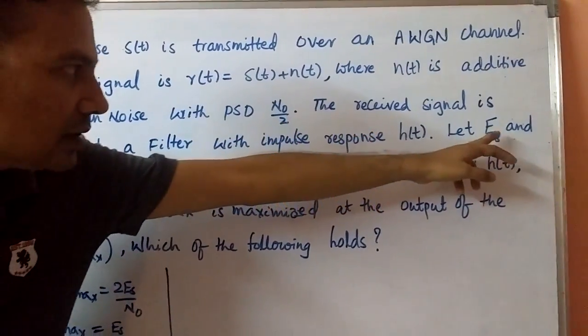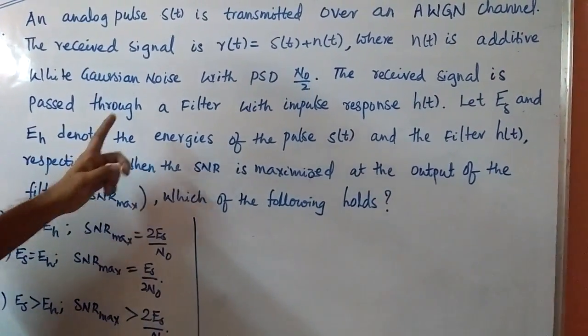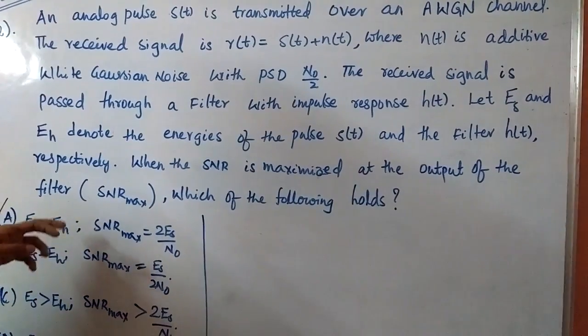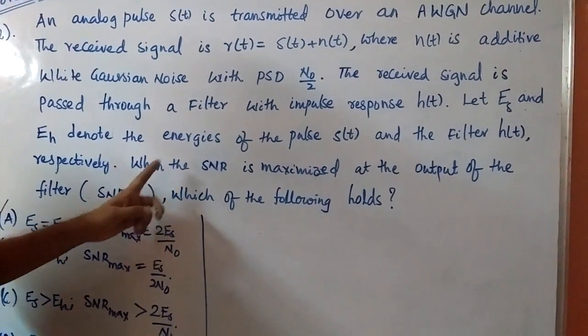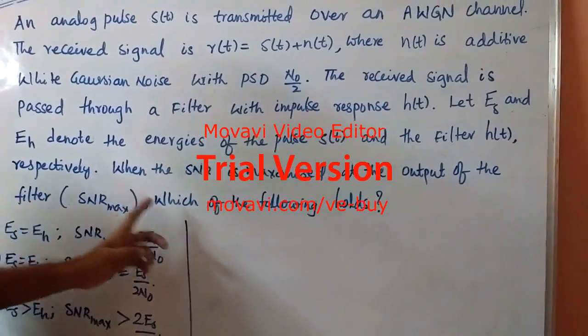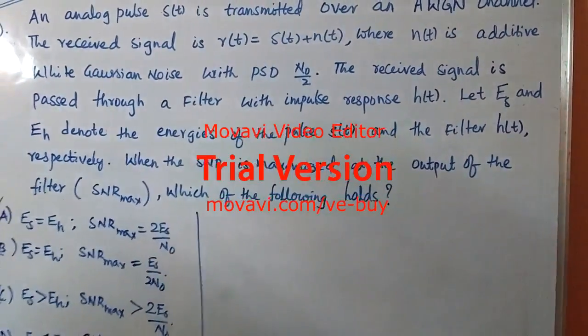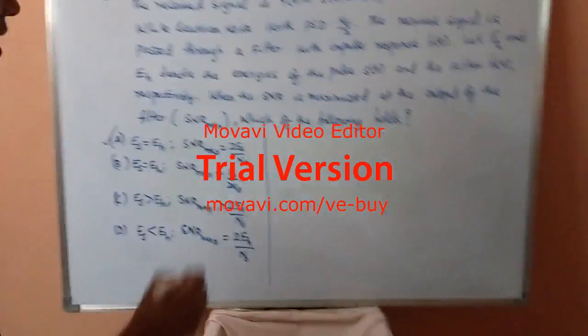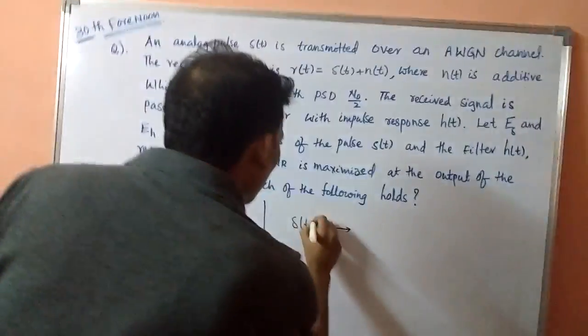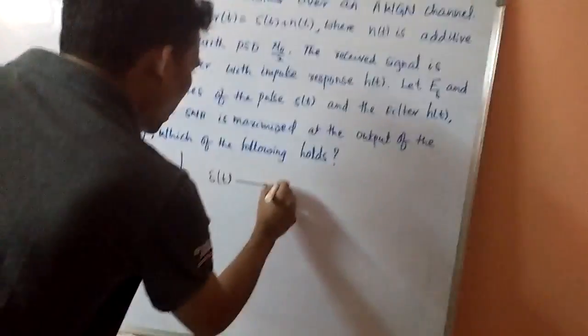Let ES and EH denote the energy of the pulse S of t and the filter impulse response h of t respectively. When the signal to noise ratio is maximized at the output of the filter, which of the following holds? Here the question is given: an analog pulse which is transmitted through an AWGN channel, additive white Gaussian noise.